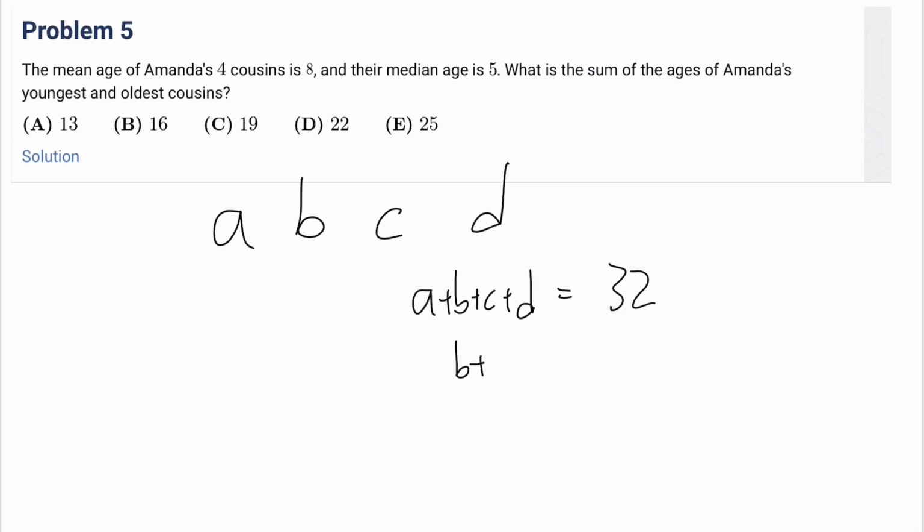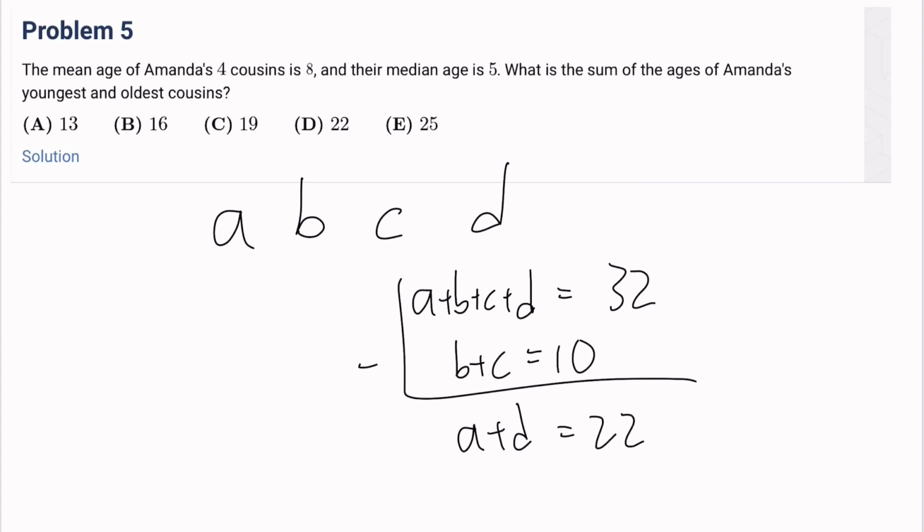So B plus C over 2 equals 5, and so that means B plus C equals 10. And so if we subtract these two, then we have A plus D equals 22, right? And what's the sum of the ages of Amanda's youngest and oldest cousins? That is actually A plus D, so we have 22. It's our answer. It's D.